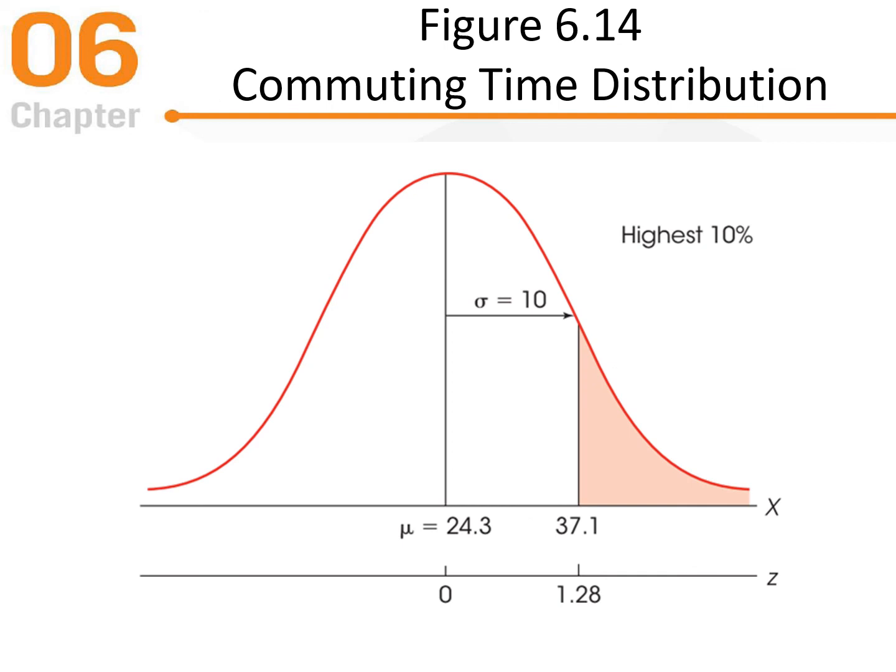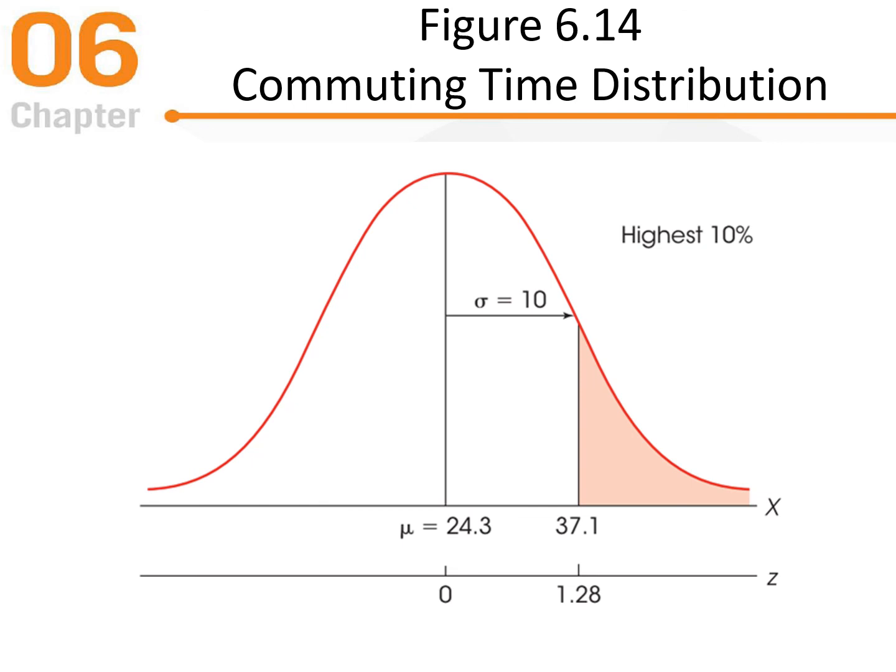So here's another example where we're looking for the top 10% of all scores in this distribution. The mean of the distribution is 24.3 and the standard deviation is 10, and I want the top 10%, that's my proportion. So 10% is 0.1000, and I want that shaded area to the right. That's the tail, so that's going to be column C, the tail.